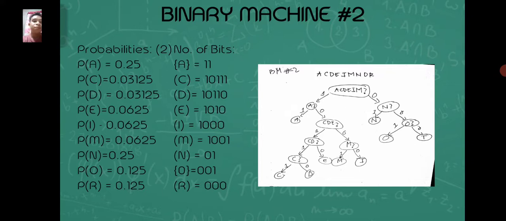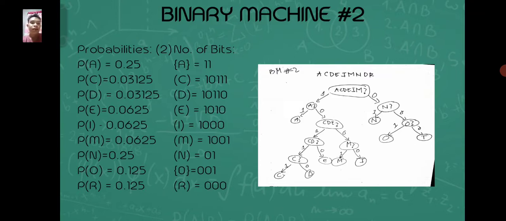C is 01011, and the probability is 0.03125. The bits of letter D are 10110, and the probability is 0.03125.